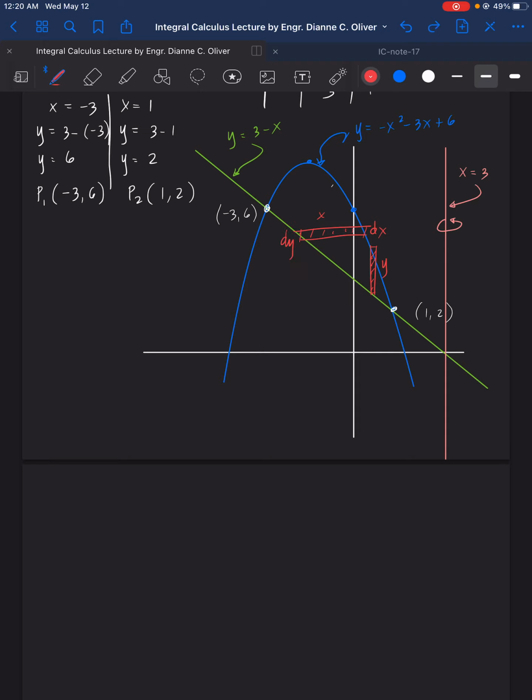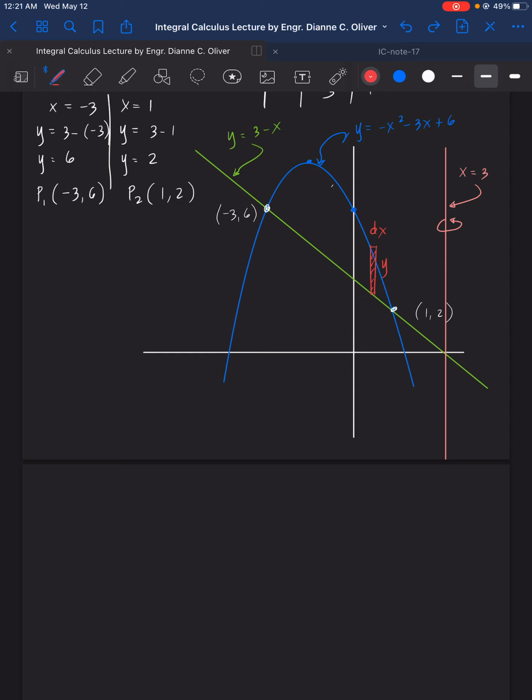And look at these points y here. This is the lower limit. This is the upper limit. That means you will just consider this portion only, and we will leave this area here. So we will not get the accurate answer.